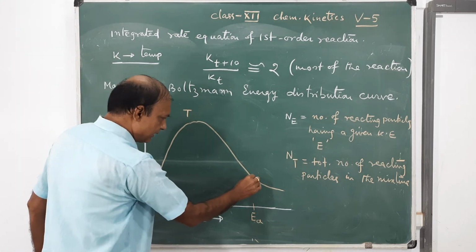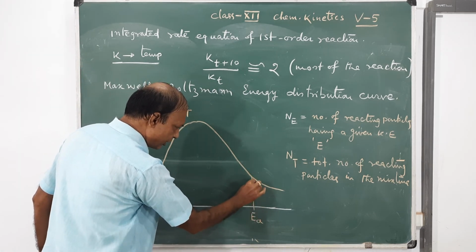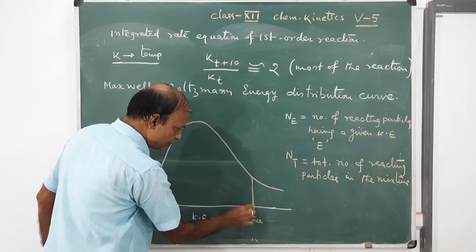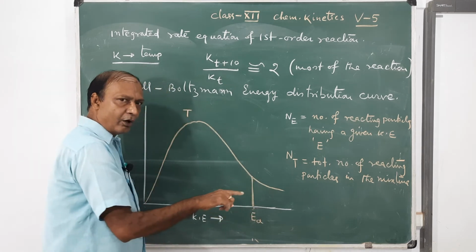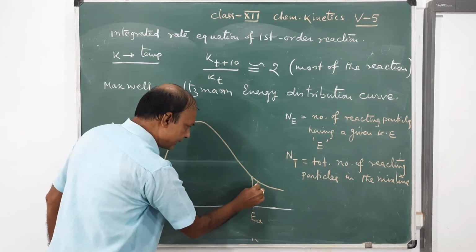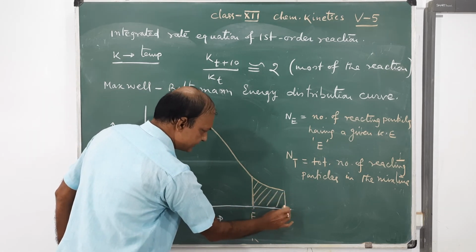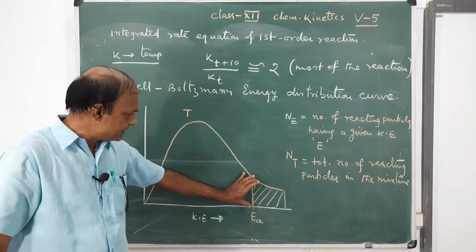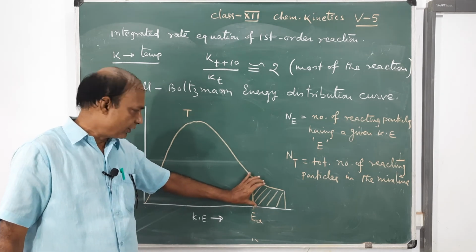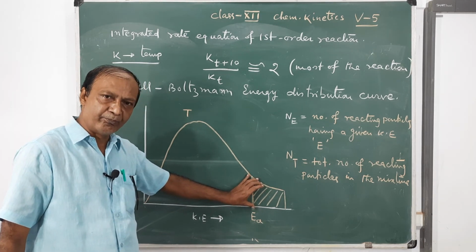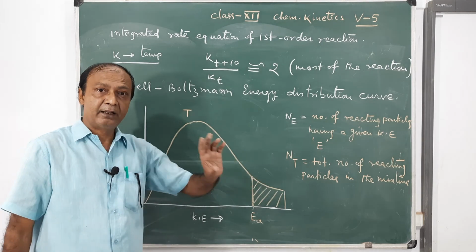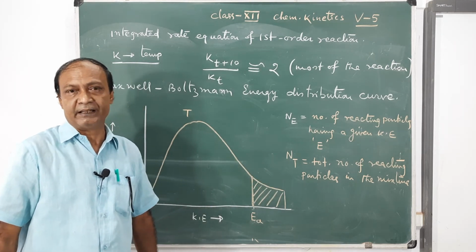So see the fraction of the molecules having energy equal to the energy of activation or greater than the energy of activation, only this much. This means only this part of the molecules is responsible for giving the rate of the reaction.